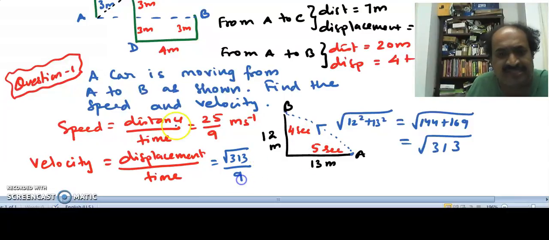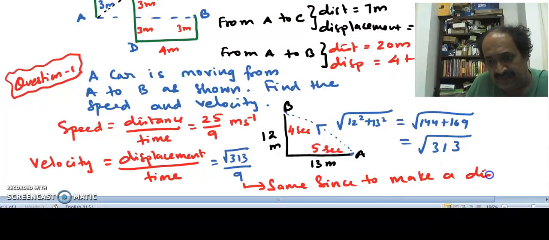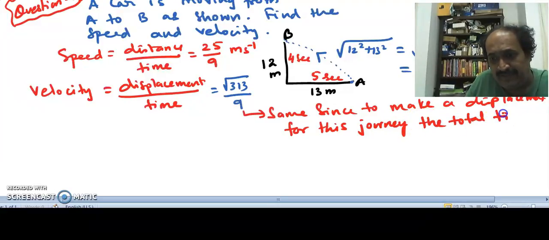The time taken still remains the same. The time is the same, since to make the displacement for this journey, the total time is 9 seconds. Many students get confused. They argue, why am I taking 5 plus 4?